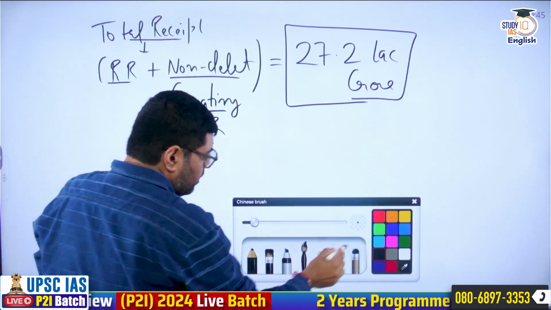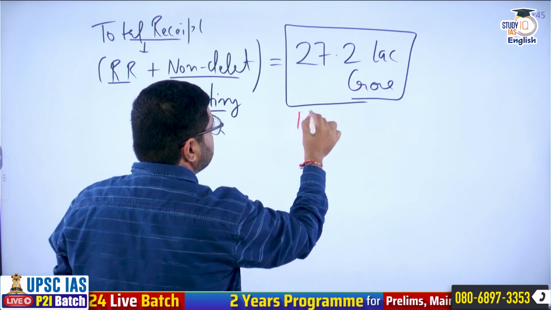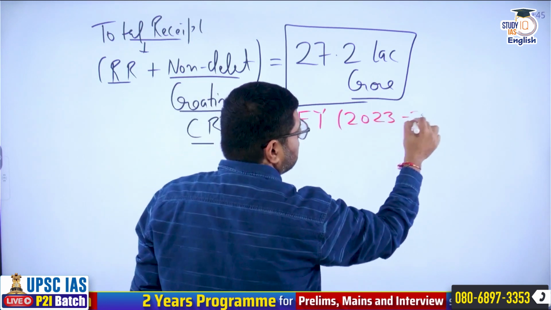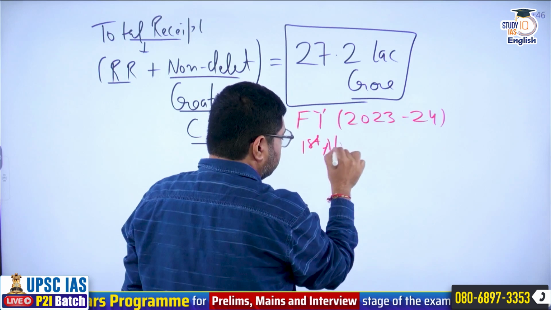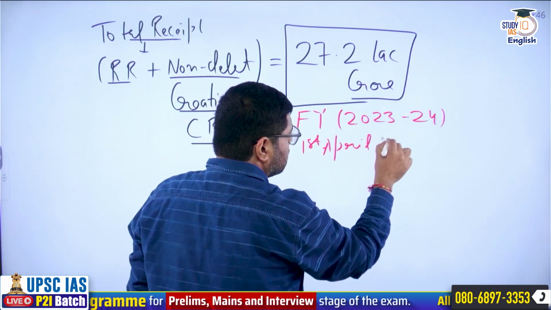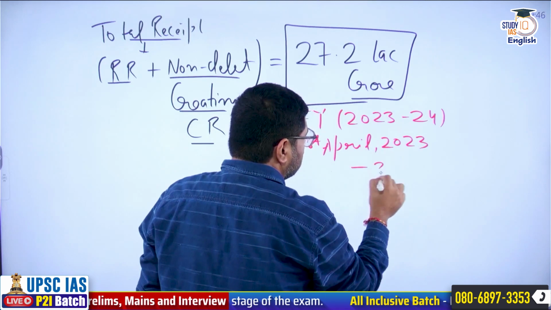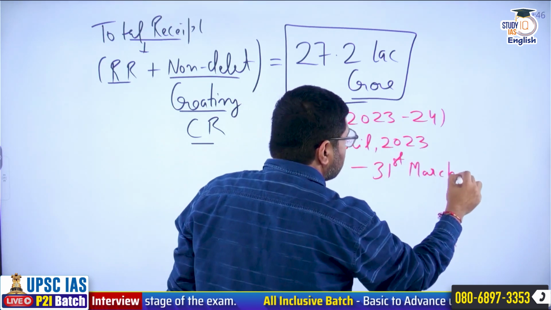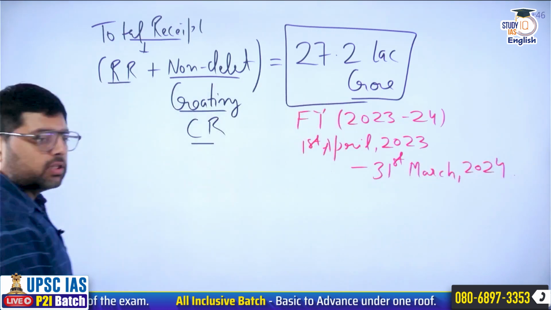This is for financial year 2023-24. Your present financial year starts from 1st April 2023 and will end on 31st March 2024. It is for this time period.